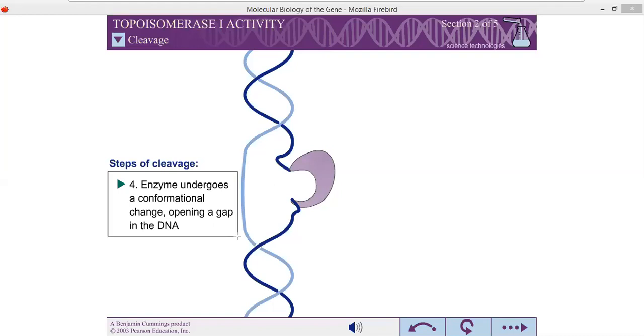One was the lock and key hypothesis, given by Emil Fischer, and Koshland predicted the induced fit hypothesis. The activity of topoisomerases clearly reflects that the induced fit hypothesis is true as compared to the lock and key hypothesis.